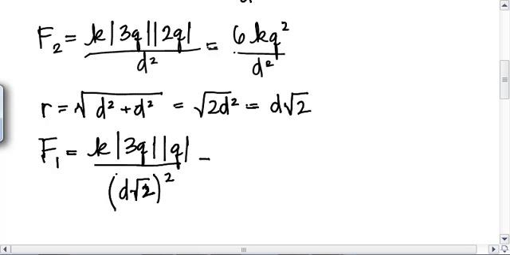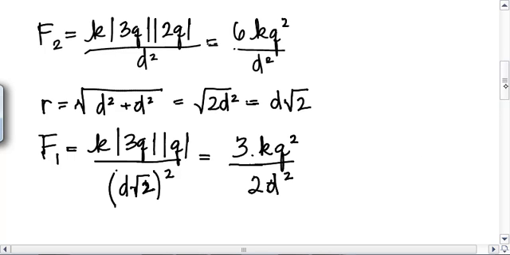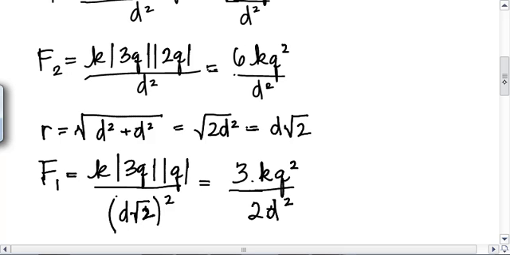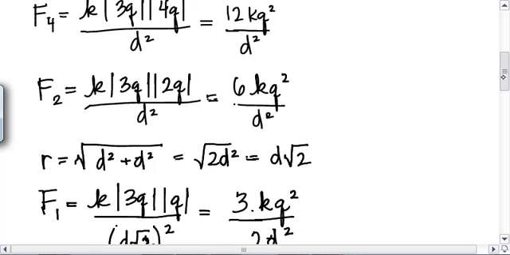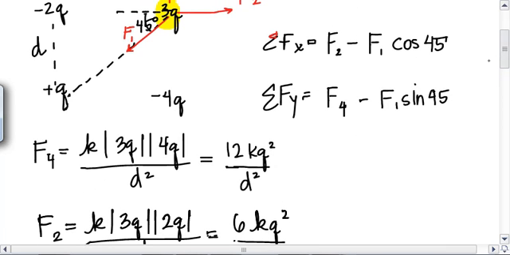So what would that be? 3kq squared over 2d squared? Okay, so at this point, since you have d and you have q, could you solve for F4, F2, and F1? All right. Could you then substitute it back in up here and find your sum of the forces in the x direction and the y direction?